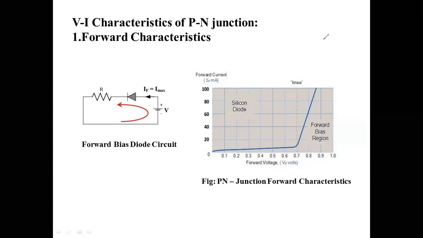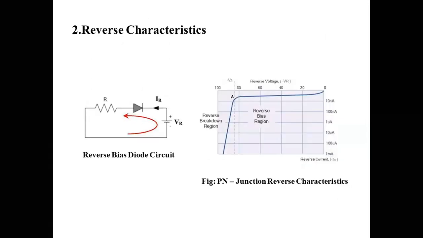Yes, sir. Now let us move to the reverse characteristic. Reverse characteristic of the PN junction, VI characteristic. That will be reverse bias. Usually in the electrical circuit, you take the positive direction of the current from plus to minus.